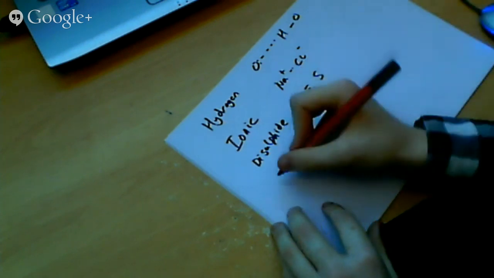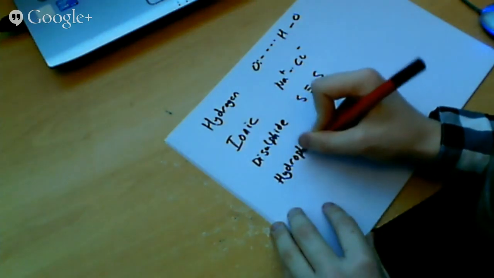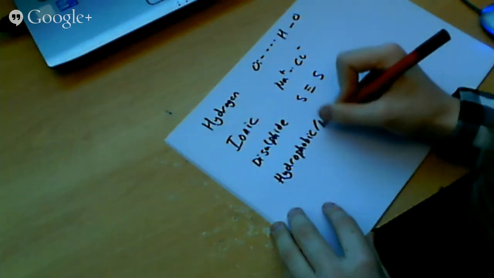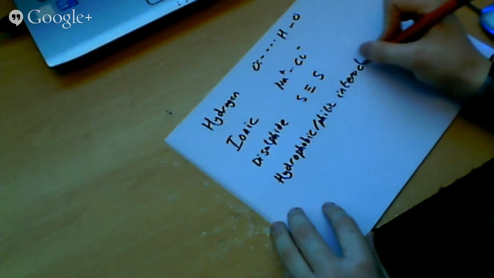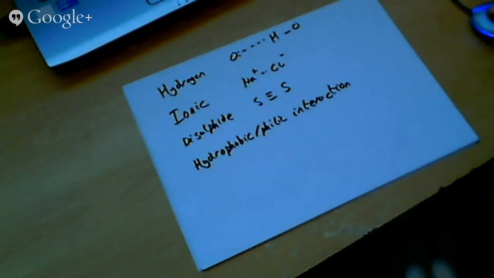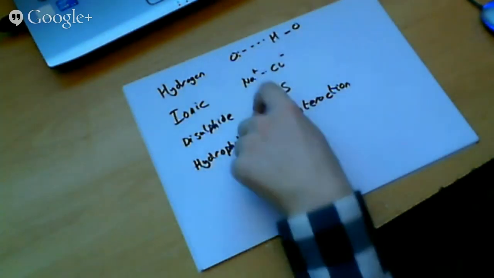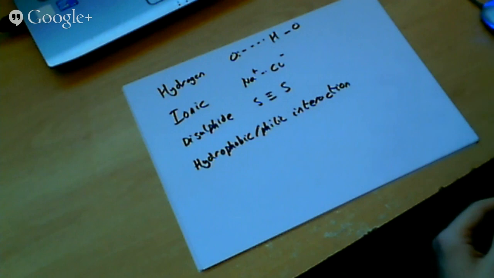And then hydrophobic and hydrophilic interactions, which is just if they like water or dislike water. Basically, these different groups are found on the R group of the amino acid, which we probably did in the nucleic acid video.